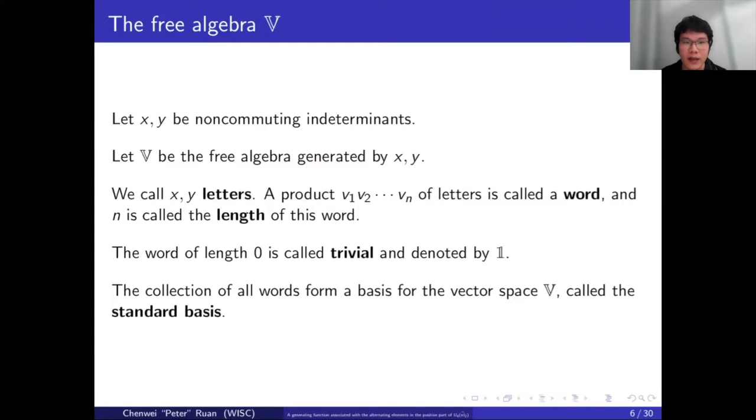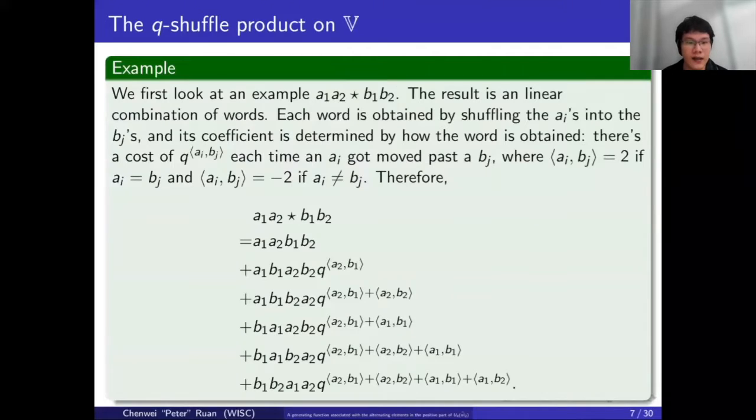The word of length 0 is called trivial, and we denote it by 1. The collection of all words forms a basis for the vector space V, and this basis is called the standard basis. So now we already have a free algebra V. Now I will give a q-shuffle product structure on V.